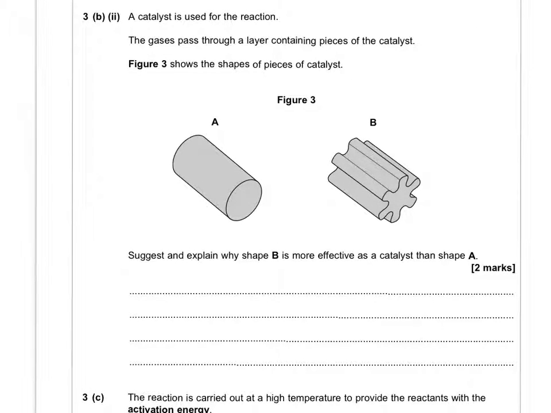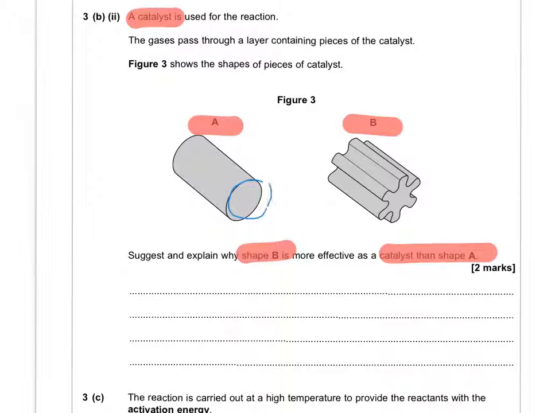3b part 2 is about catalysts. To use reaction, the gas passes through a layer containing pieces of the catalyst, and we've got 2 catalysts, A and B. And it says, suggest and explain why shape B is more effective as a catalyst than shape A. And looking at the shape, if we draw around this, just drawing around the cross section, not much.